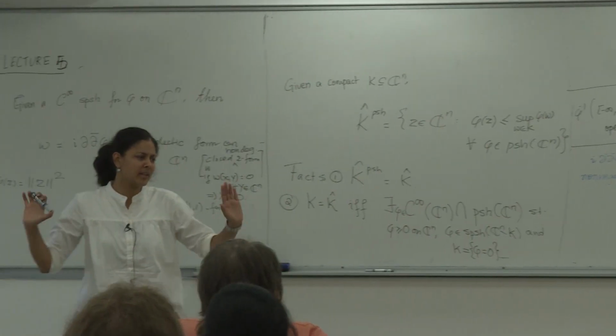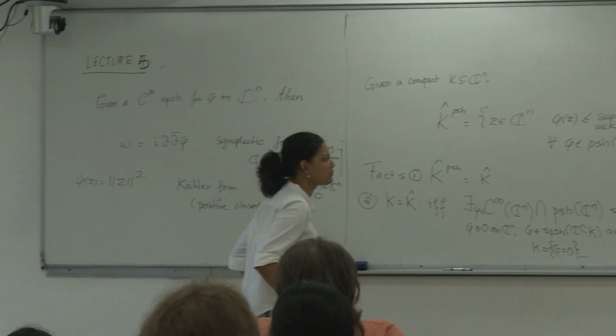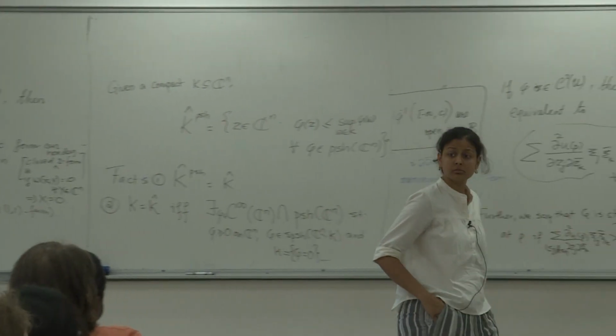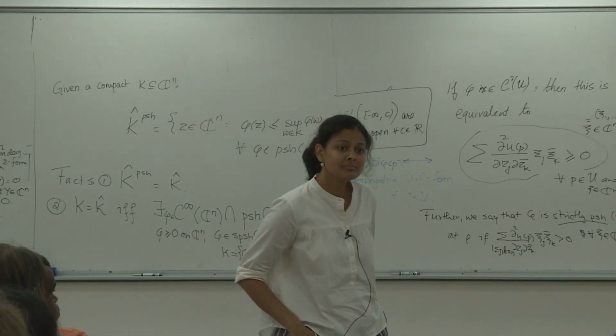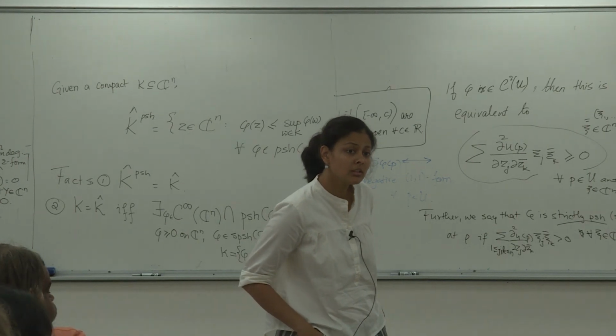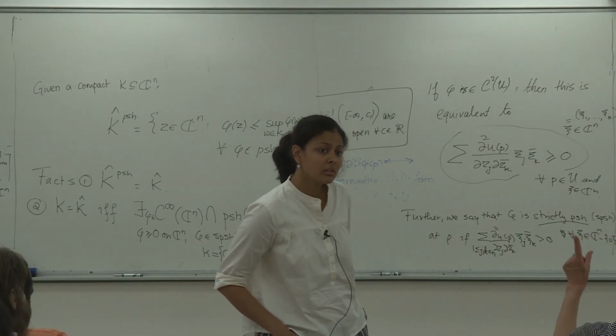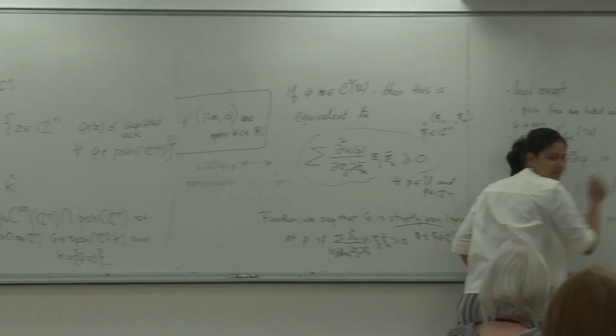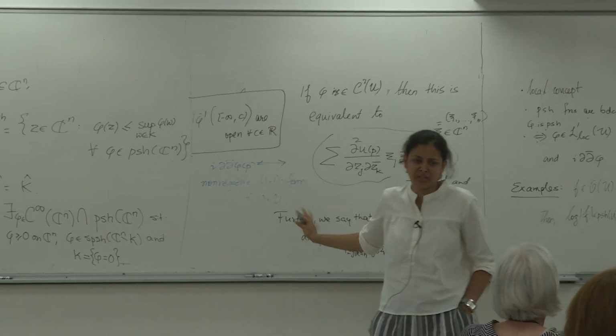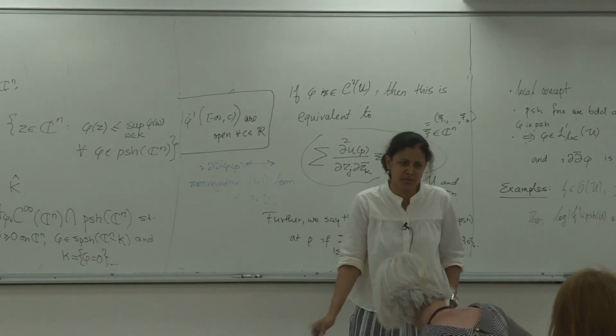Right now it's fine, but I think it's sometimes useful to avoid it. Suppose that phi is the log. Yeah, okay. For this interpretation, we are not using it because we are working with smooth PSH functions, so we are fine.